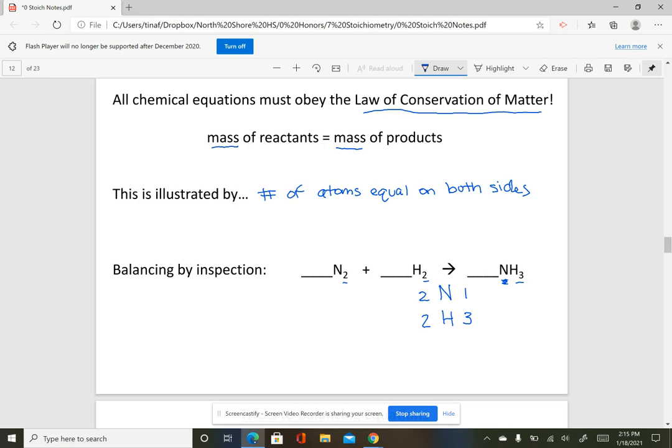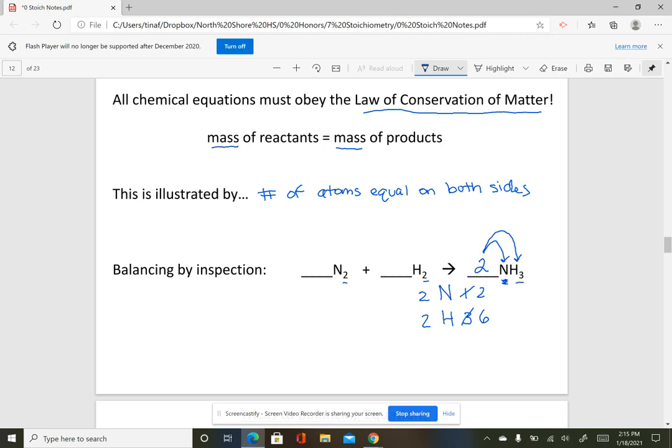So if I put a 2 here, now I'm multiplying this whole molecule by 2. So what's 2 times 1? 2. So now my nitrogens are equal. When you put a coefficient in front of a substance, that coefficient gets distributed to everything inside of the substance. So I had 3 hydrogens, but what's 2 times 3?